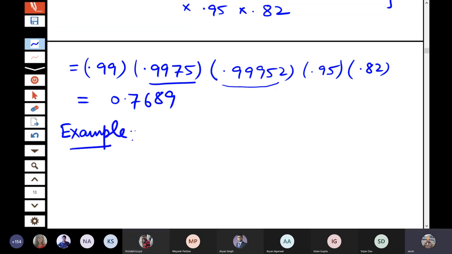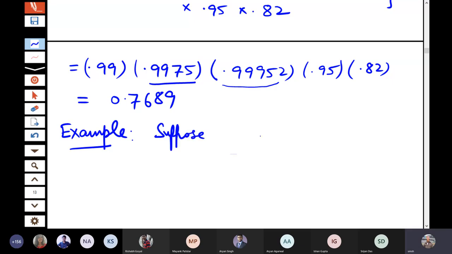Let me just give one more example. Suppose I have two components. Two components are there and they are connected in, say, okay, let me not make the diagram. Let me write the language here. So we can have them in series and we can have them in parallel.